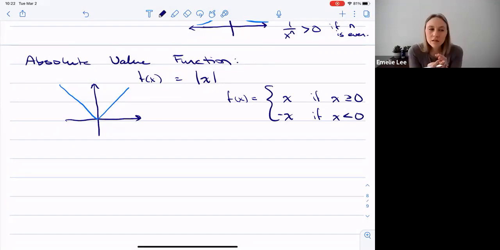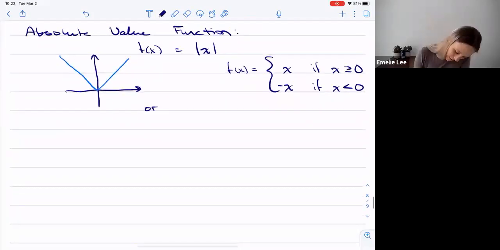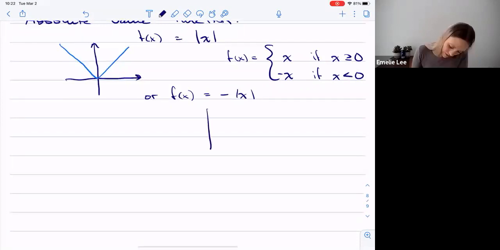Exactly. So, we haven't really manipulated and transformed graphs yet, but if you do have a negative outside, or if you have f of x is equal to the negative absolute value of x, then it becomes like this. Or maybe I should use that light blue color again.